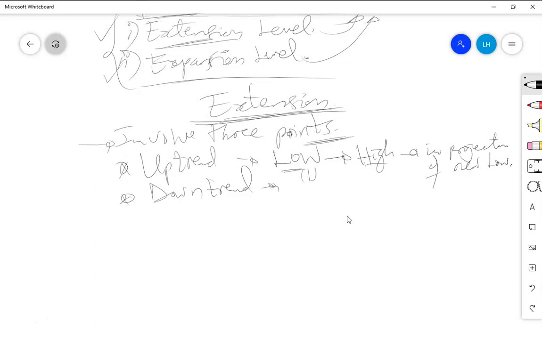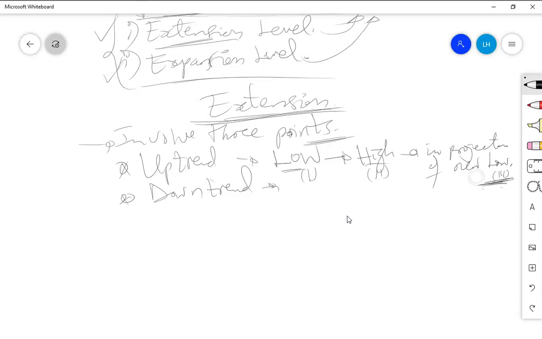The first one is a low, that is the prior low, to the high, this is the second, and then to the low, this will be the third. The third one will be the last touch. When you touch the third point, your extension tool will give you readings. Those readings are what you call the extension levels.